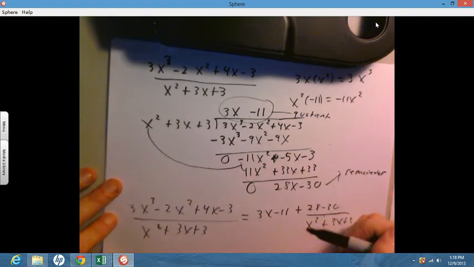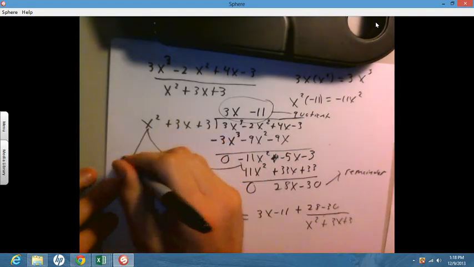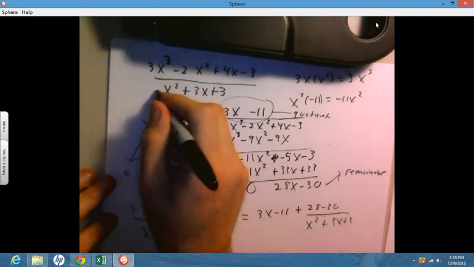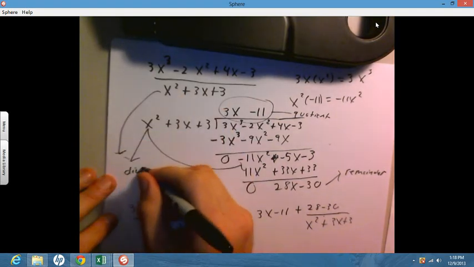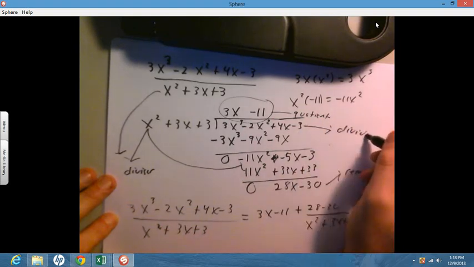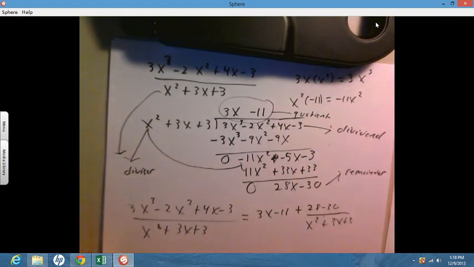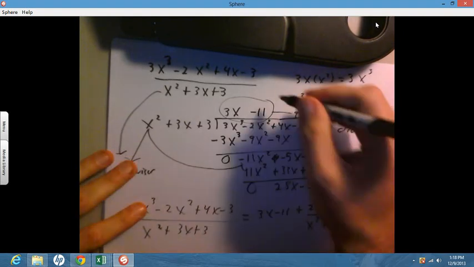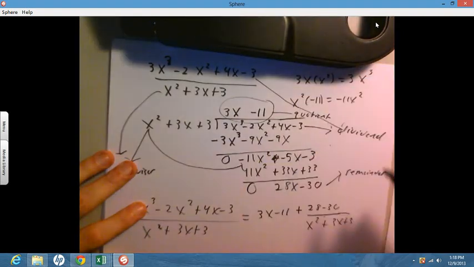This term over here is the divisor, which is this term over here also. And this term over here is the dividend, which is, of course, this over here also. Okay? And that's how we have it.